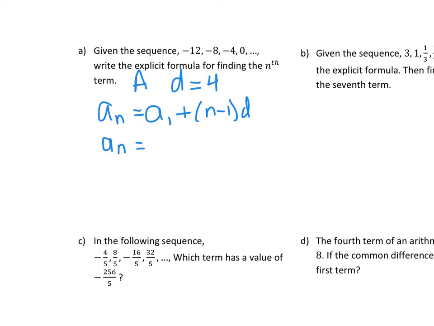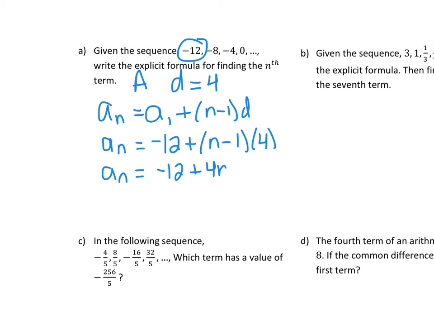Our first term is negative 12 plus, leave the n minus 1, and your common difference, which we figured out, is 4. From here, you're just going to simplify it. So negative 12, distribute that 4, so 4n minus 4. Combine your like terms. A sub n equals negative 16 plus 4n.